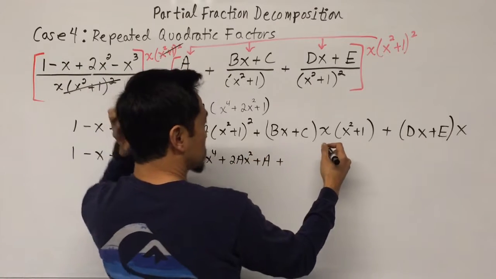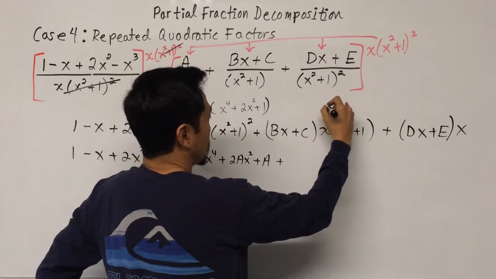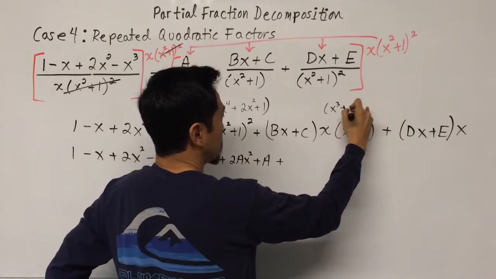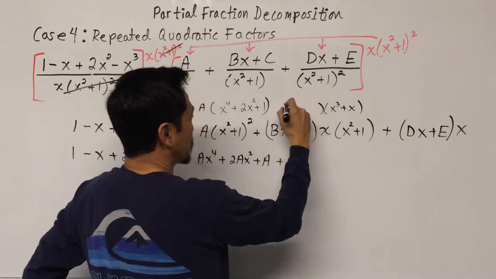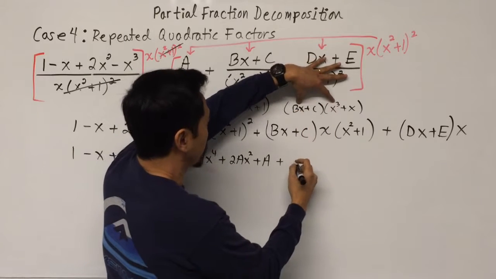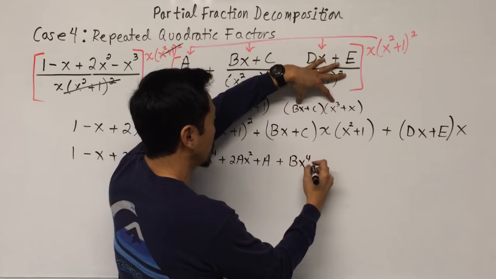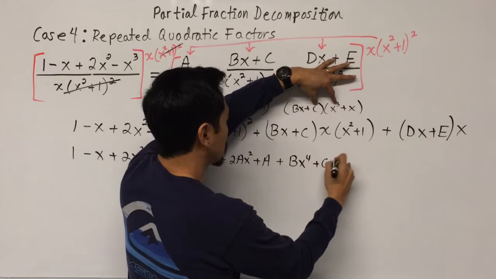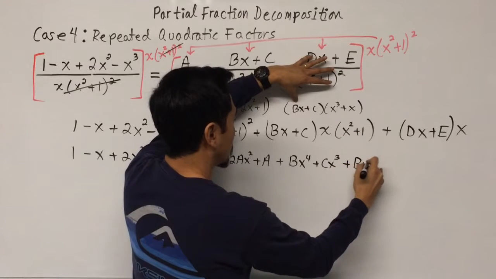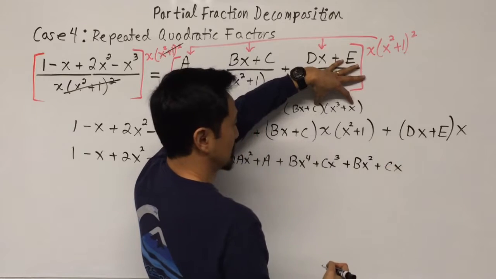Yikes. Here you'd have to distribute, so you end up with an x cubed plus x, but then that would be foiled with Bx plus C. So that would give us a fourth degree term, Bx to the fourth, Cx cubed, and then I'd have also a Bx squared and a Cx.